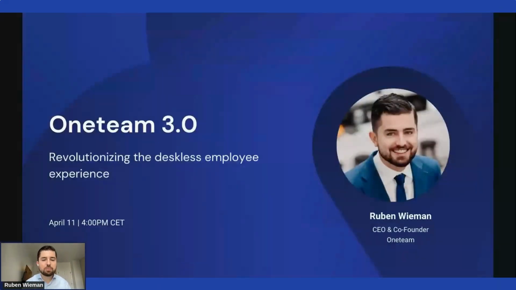Oneteam 3.0. Welcome everyone to this webinar. I think it will take about half an hour to 45 minutes, where we're going to talk about Oneteam 3.0, a big step forward in what we're calling revolutionizing the deskless employee experience.